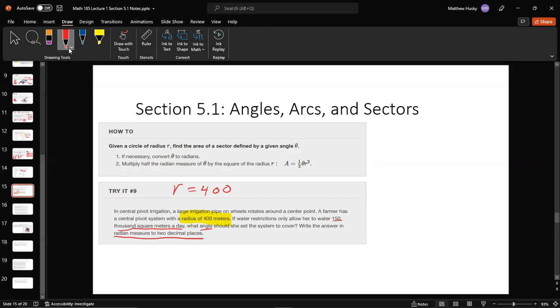So our goal is to have the area be 150,000. That's going to come from 1/2 times some angle theta times the radius squared. So that's 400 squared. 400 squared is the number 160,000.